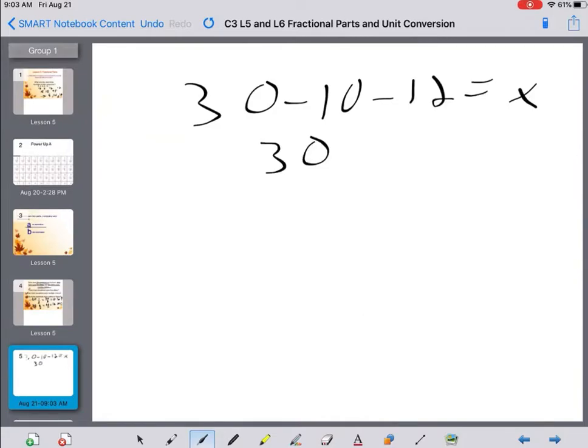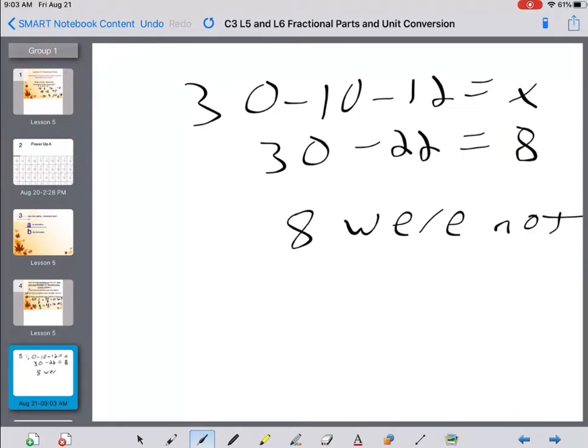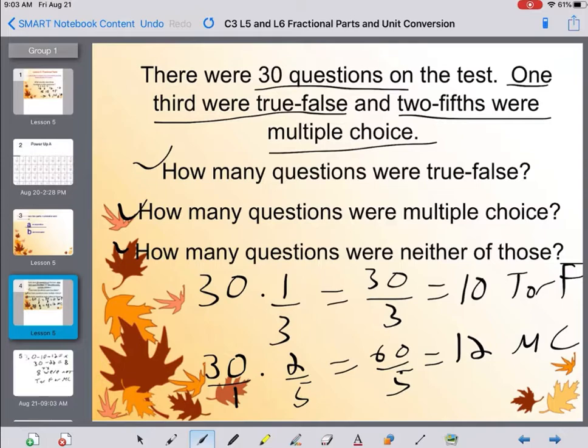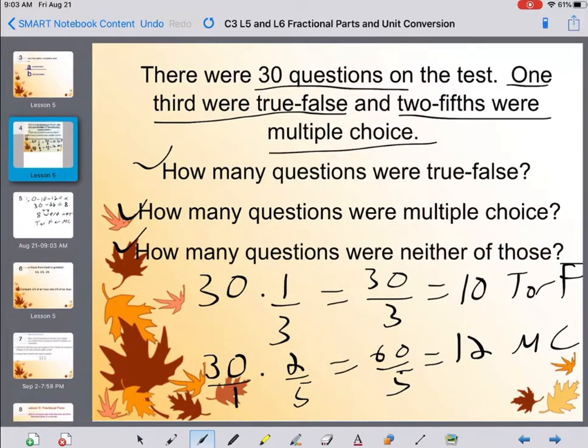So 10 and 12 is 22, so therefore it looks like 8. So 8 were not true or false or multiple choice. So 8 questions were not true or false or multiple choice. All right, and again, I just want to make sure we answered each question. All right, we're good. Let's go ahead and keep going.